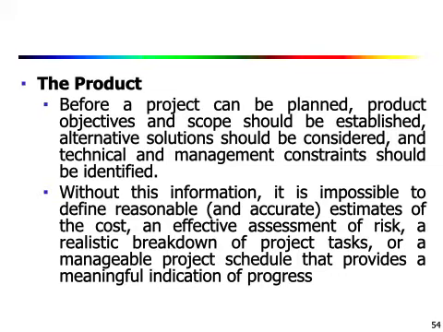All these things should happen before the planning of the project. Without this information, it will be impossible to define reasonable estimates of cost, an effective assessment of risk, a realistic breakdown of project tasks, or a manageable project schedule that provides a meaningful indication of the progress. So that's why we need to have a good understanding about the product.